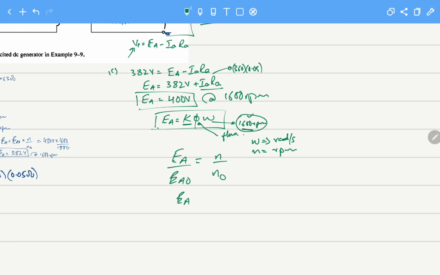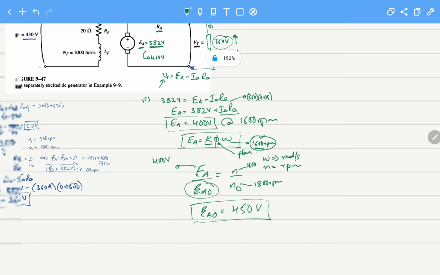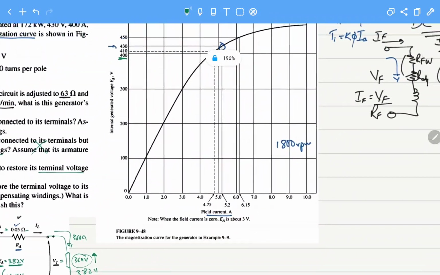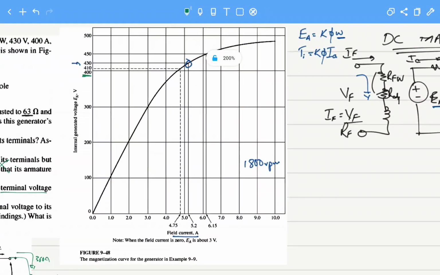Now what we have to calculate is EA naught. EA we have at 1600 RPM, N is 1600, N naught is 1800. So we have to calculate EA naught at this value. The value of EA naught will be 450 volts. So at 450 volts, we have to see how much the current will be.